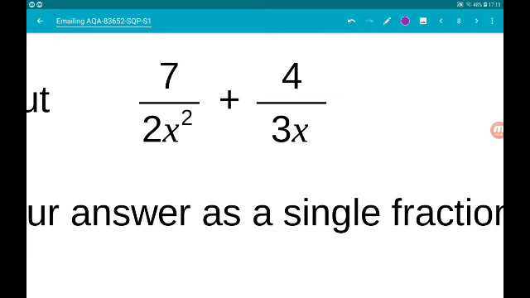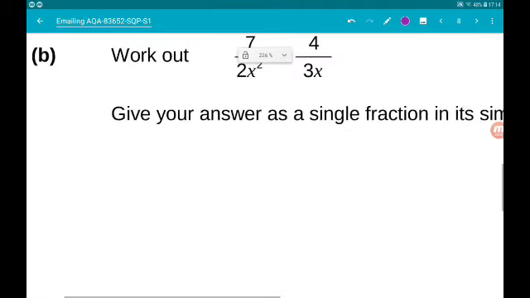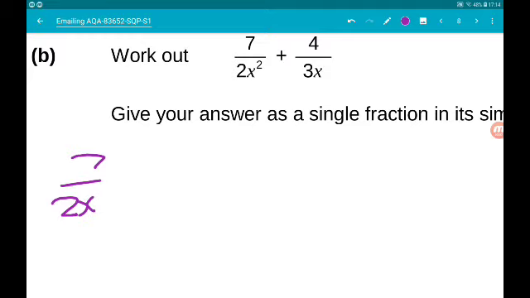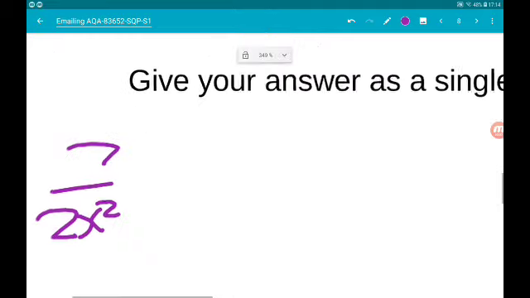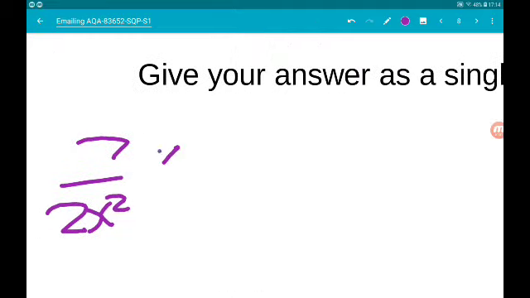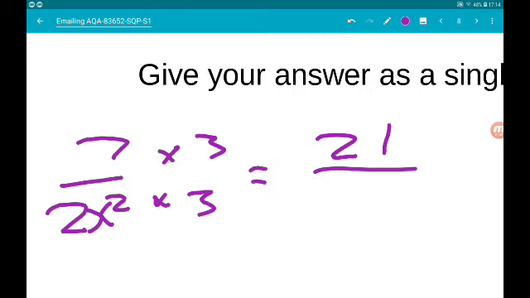So we're going to make it so that each fraction has 6x squared on the bottom. So 7 over 2x squared needs us to multiply the top and bottom by 3. So we get 21 over 6x squared.